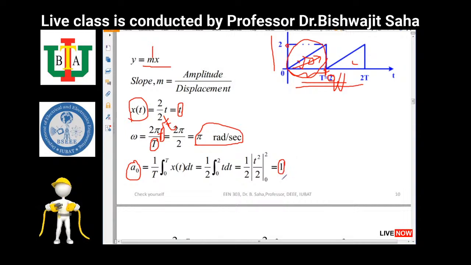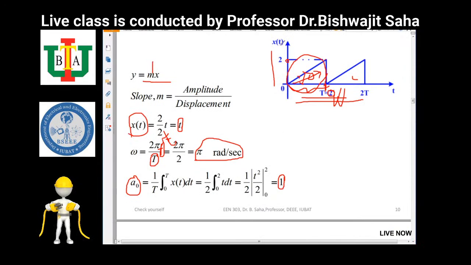Now the question: what is the DC value of the sawtooth pulse train? It is 1. Such as, if the maximum value of the signal is 5 volts, then the DC value will simply be 2.5. You can calculate it yourself.